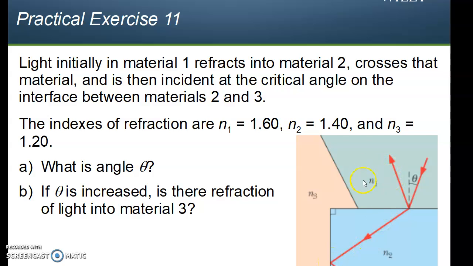The index of refraction here is 1.6, this is 1.4, and this over here is 1.20. So for this to take place, what does this angle right here need to be for this to be the critical angle? If theta is increased, is there refraction of light into material 3?